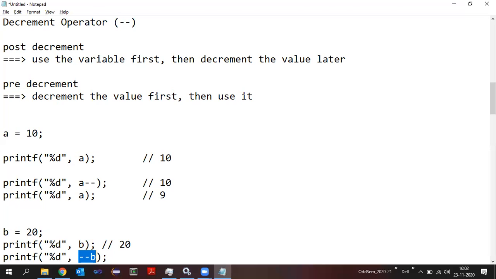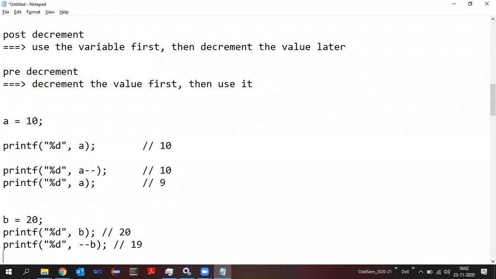Pre-decrement. Pre means before you use it, you decrement it. That means it is going to display 19, because it is pre-decrementation.